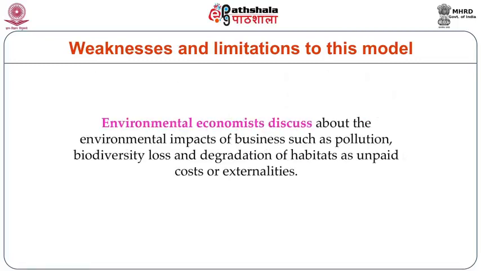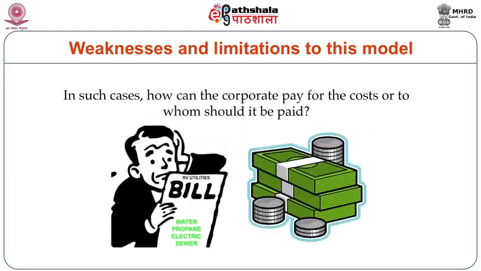So environmental economists discuss the environmental impacts of business such as pollution, biodiversity loss and degradation of habitats. These are all unpaid costs, or externalities per se. In such cases, how can the corporate pay for the loss that they have made, and who should they pay these costs to?